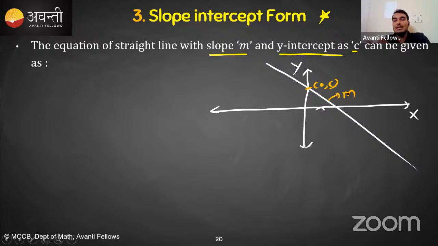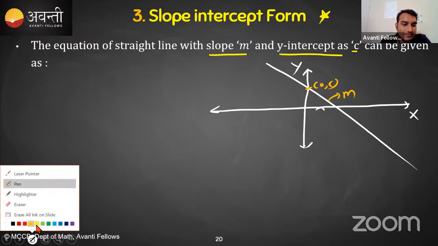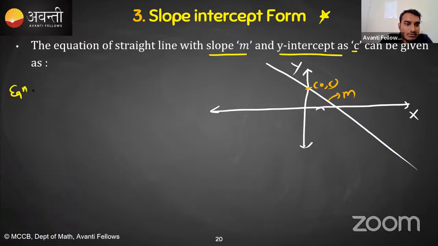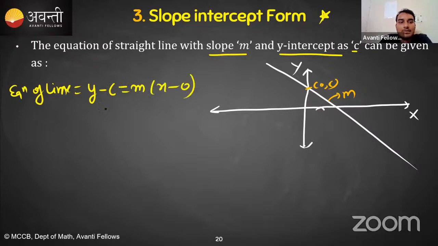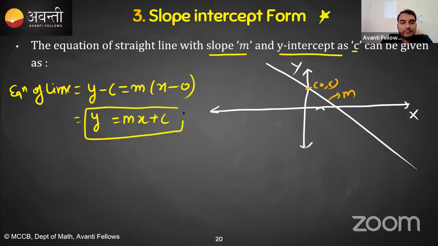So now see, if you look closely, you will see that one point is given and the slope is given. So what would the equation of the line be? Using the point slope form, y minus y1 is equal to slope into x minus x1, it is nothing but y is equal to mx plus c. Clear?